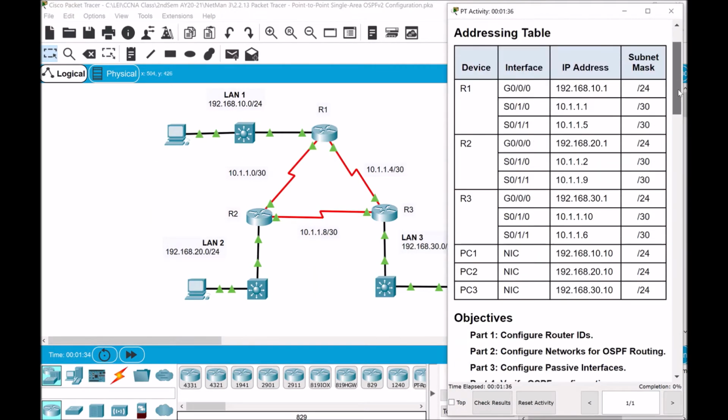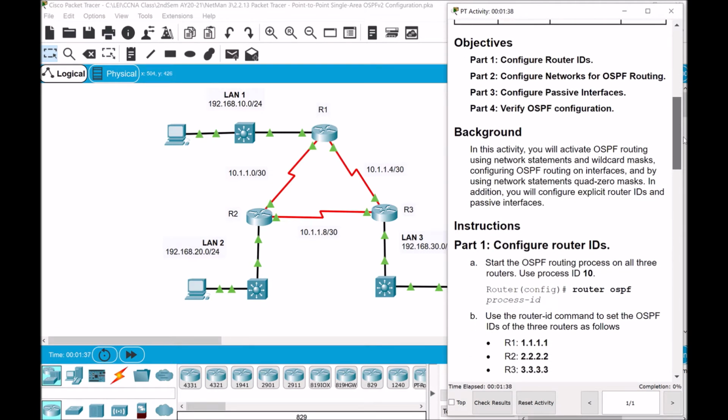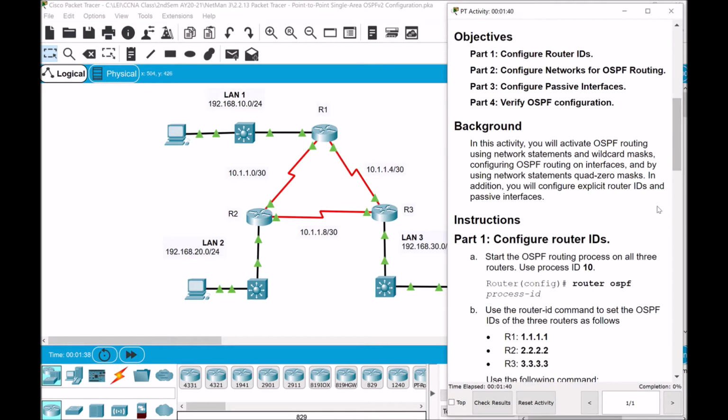Let's scroll down to our manual to see the objectives of this activity. This activity is divided into four parts: first configure the router IDs, then configure networks for OSPF routing, then configure passive interfaces, and finally verify the configurations we just did.